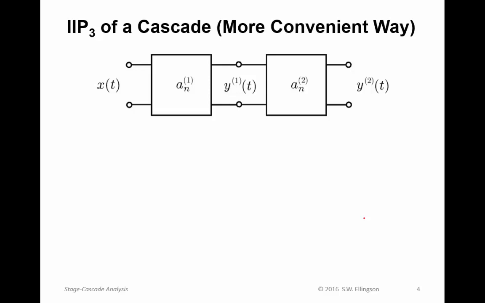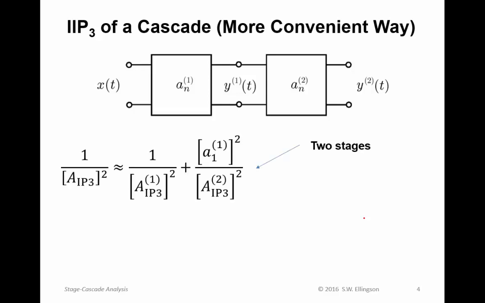Now, a more convenient way to do this is as follows. And what I've shown here is an approximation which is known to apply. Again, I'm not going to derive it. I'm simply going to write it down. But it turns out that 1 over the square of the third order intercept point is equal to 1 over the square of the third order intercept point for the first stage plus 1 over the square of the third order intercept point for the second stage, but in this case we multiply by the linear gain of the first stage.